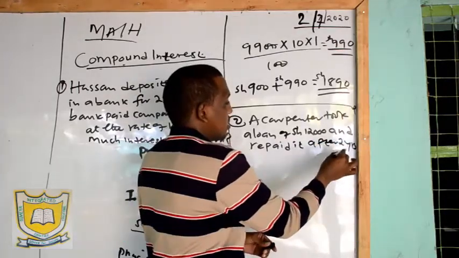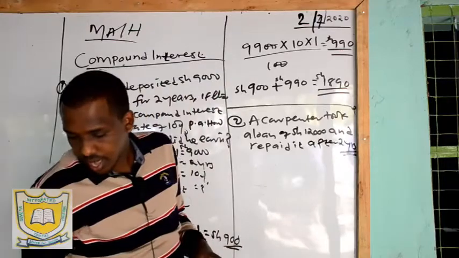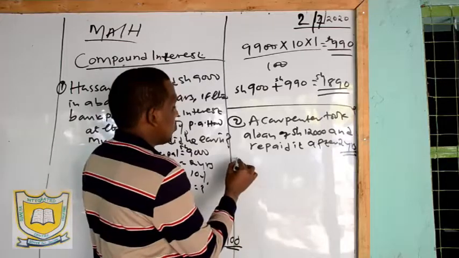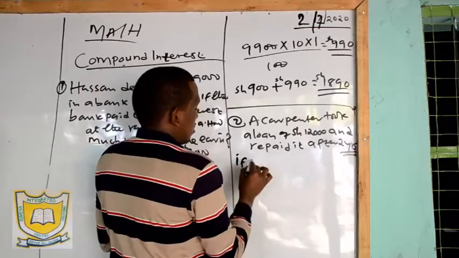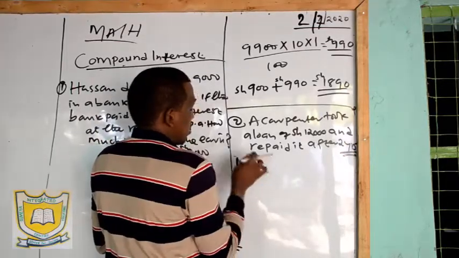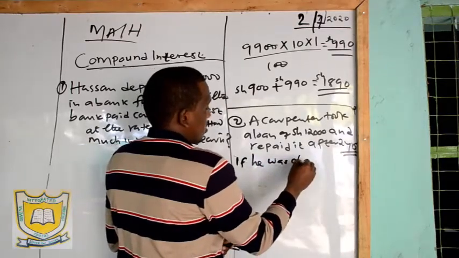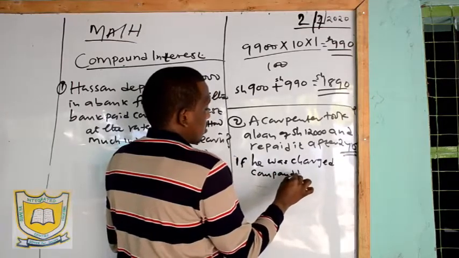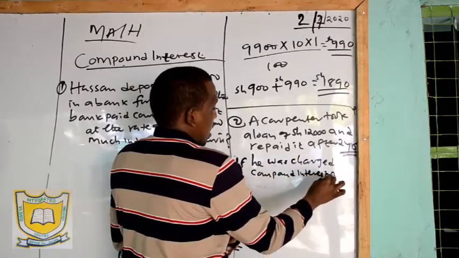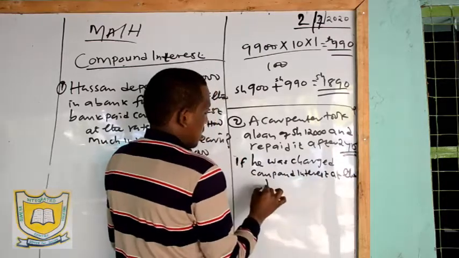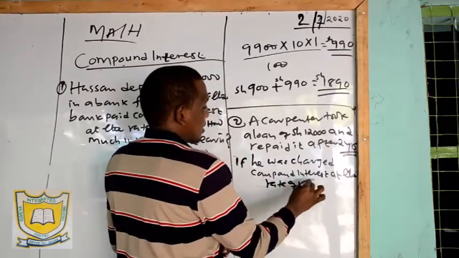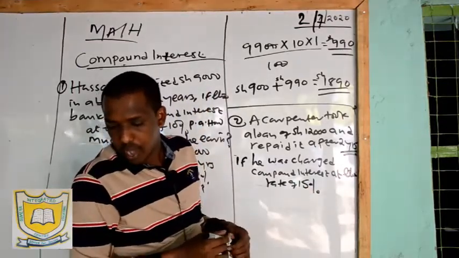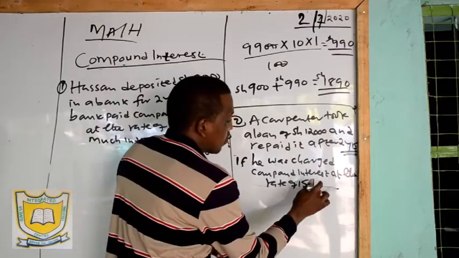If he was charged compound interest at the rate of 15% per annum, how much did he pay? 15% per annum.